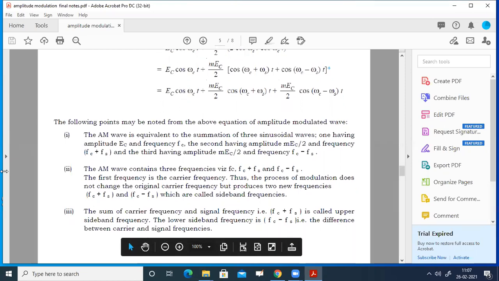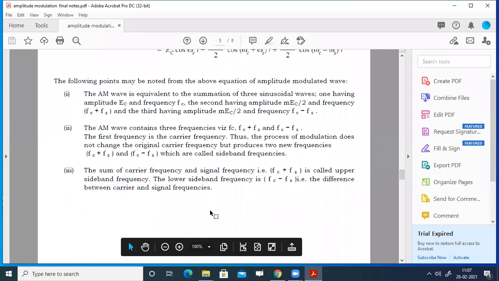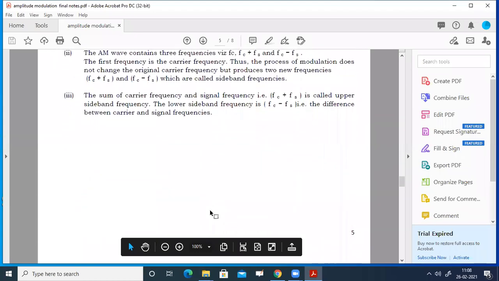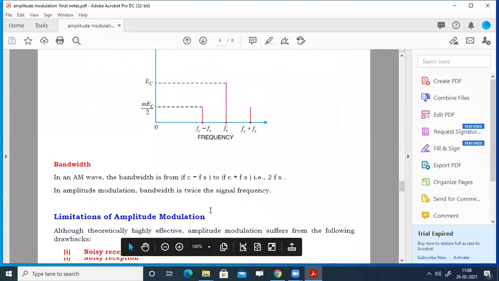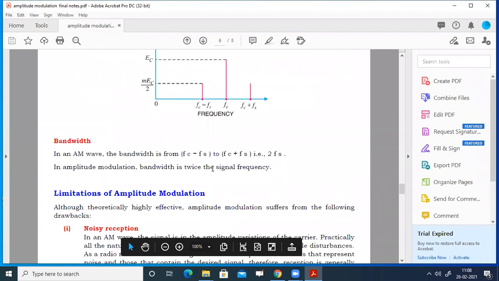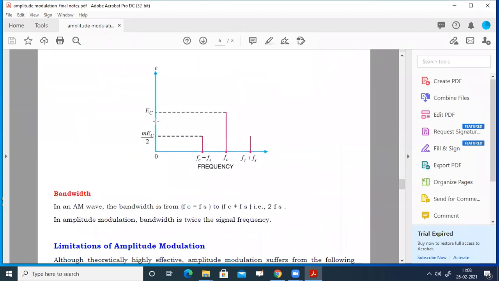It generates two frequency bands: the upper sideband, represented by Fc plus Fs, and the lower sideband, denoted by Fc minus Fs. Then we can also find the bandwidth, that is, the difference of upper sideband and lower sideband. See, this is the amplitude of the carrier frequency. mEc/2 is the amplitude of each sideband.